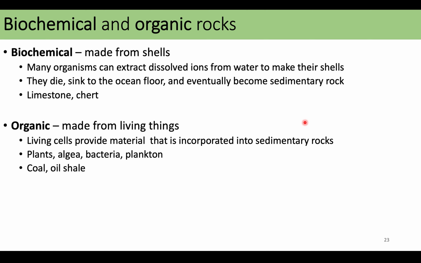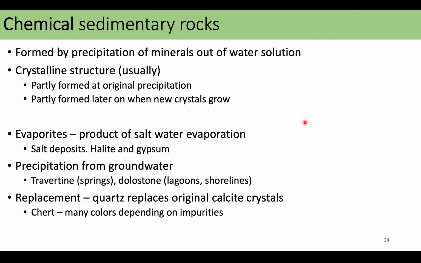And as long as the water is still enough for the cementation process to happen, those living things will then become part of that sedimentary rock layer. So sometimes the organic rocks can be quite obvious. Sometimes you can't tell at all that they are made of organic material.